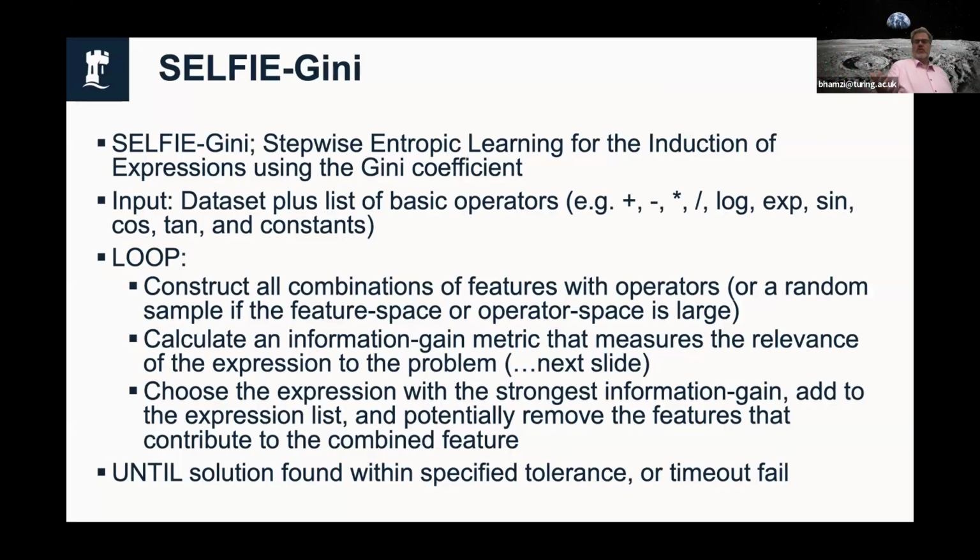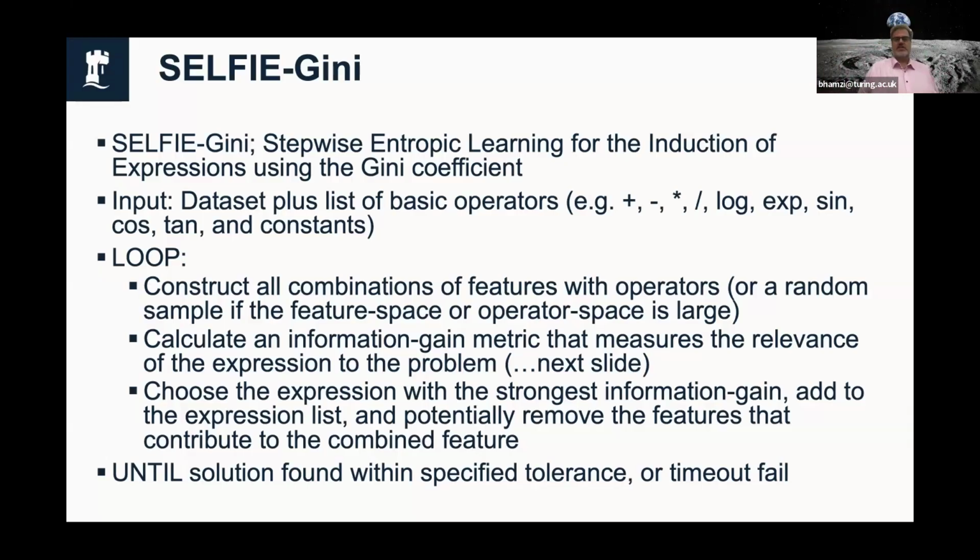We construct either all the combinations of features with operators, or if it's a larger feature space or operator space, a random sample of those. Then we calculate some kind of information gain metric that tries to measure the relevance of the expression to the problem. I'll say how we do that in the next couple of slides. And we choose the expression with the strongest information gain, add that to the expression list, and then have some criterion for whether to remove the features that contribute to that combined feature, until either the solution's found within a certain tolerance or we time out and fail.